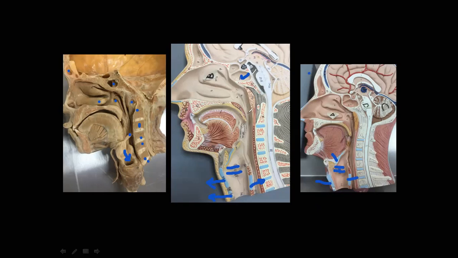What structures open in the middle meatus? Middle ethmoidal, and the gap... all open in the middle meatus except the posterior ethmoidal, excellent, and sphenoidal.